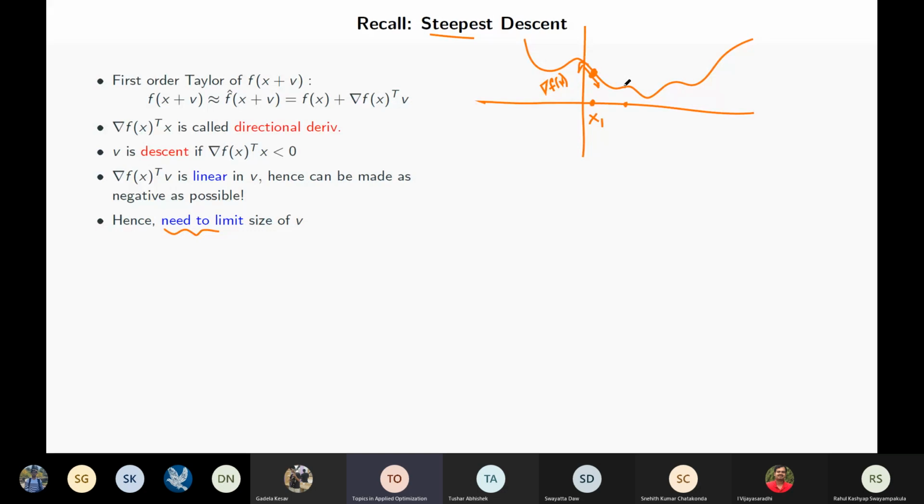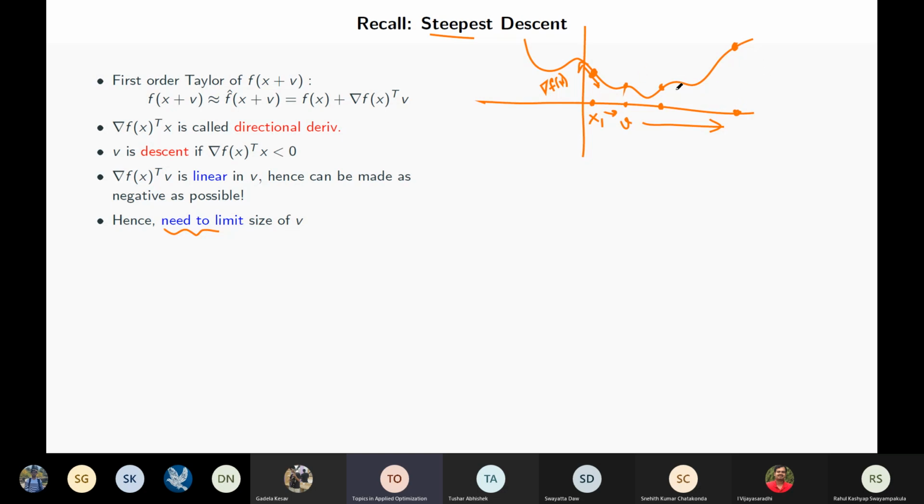So the point is that you have to have some restriction on the length of your decrease. Let us say this is my v, so I cannot choose v to be here, because then I may be increasing the value, or let us say I choose v somewhere here. So it tells me that I need to have some restriction on the length of v. Although it may be a descent, in general I should not choose a v so big that I overshoot.